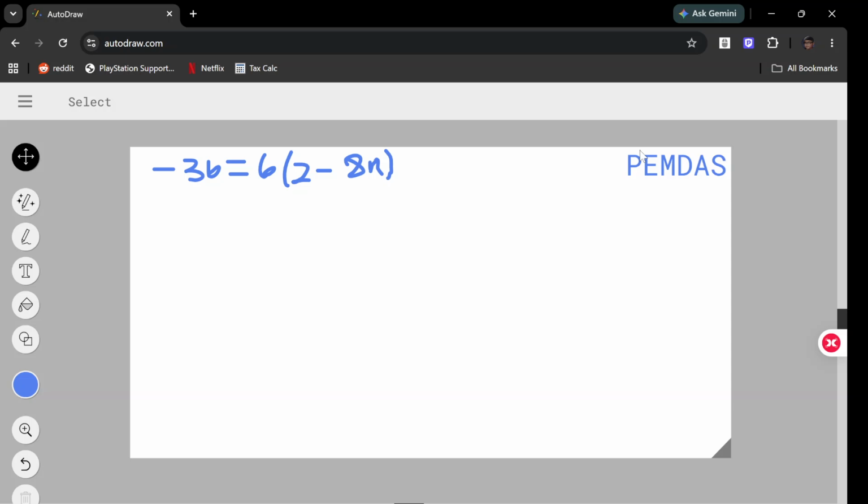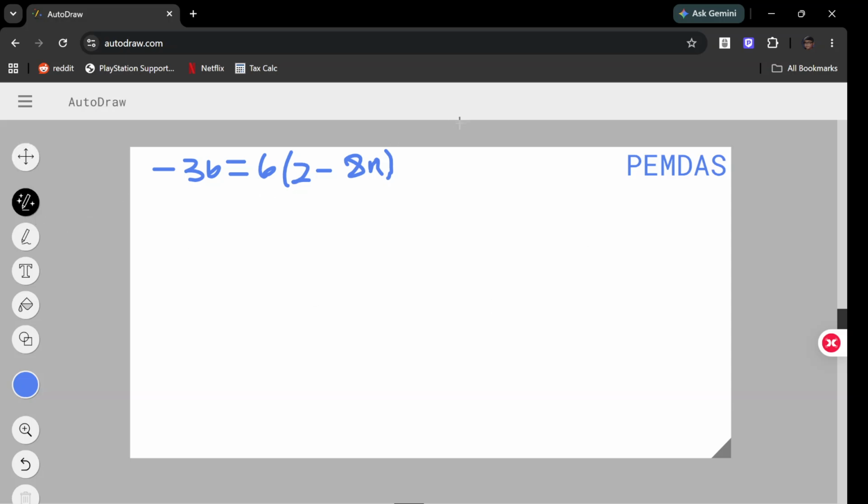When solving a math problem, you want to start from parentheses and go down the list. So first you do parentheses, then exponents, then multiplication, then division, then addition, then subtraction. That's the proper way to solve a math problem. So let's try it out here.